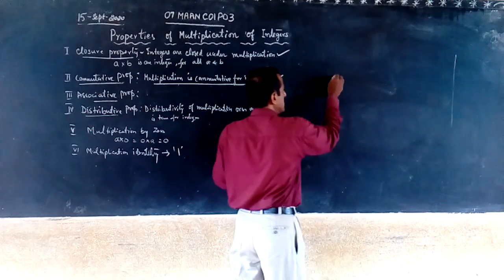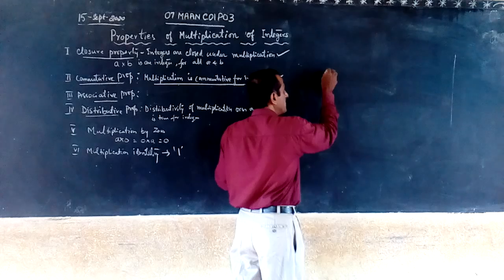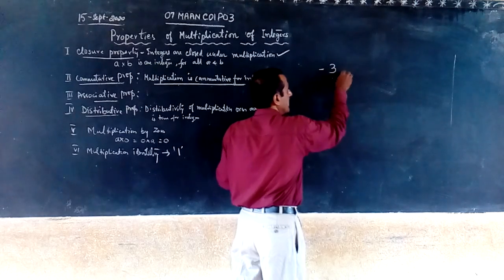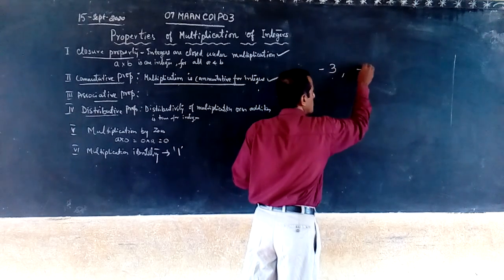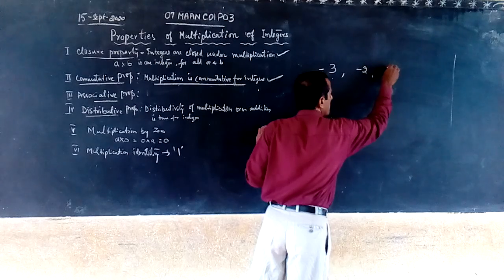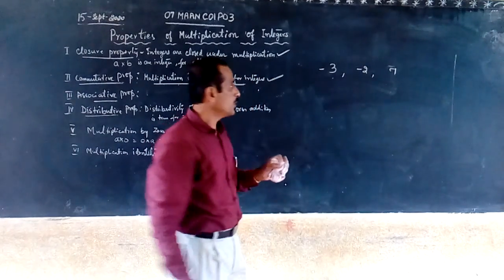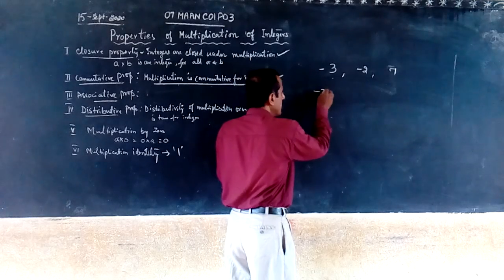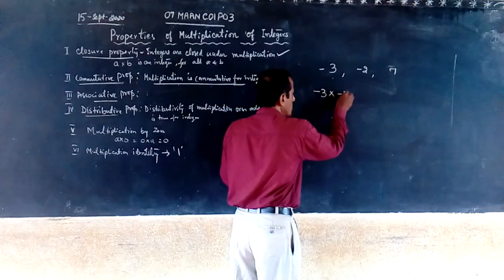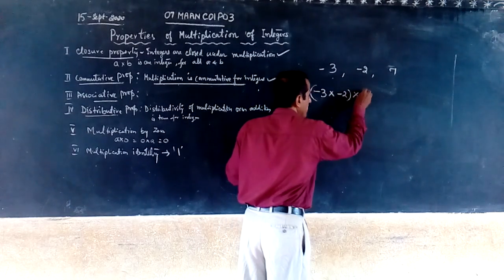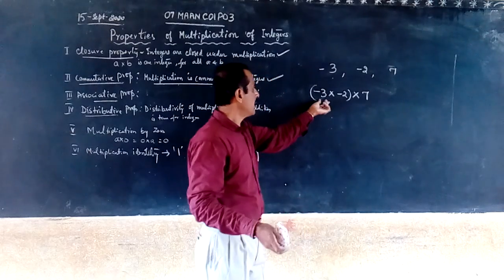If three integers are taken, for example, I will take three integers: minus 3, say minus 2, and say 7. Look here, minus 3 into minus 2 into 7. What happened here?